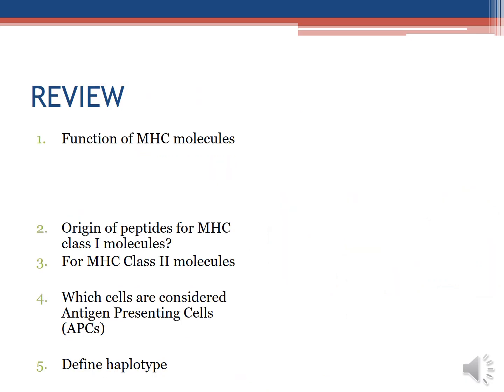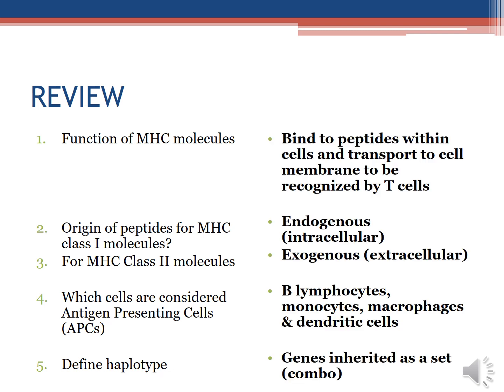So here's a quick review. Once you answer these questions, we'll go over the answers in just a moment. What is the function of our MHC molecules? It's to bind peptides within cells and transport them to the cell membrane to be recognized by our T cells.